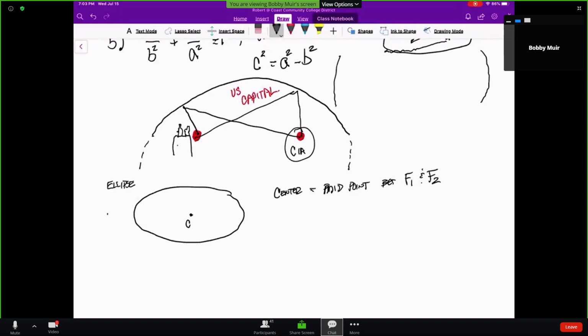All right. So the center is the midpoint between the two focal points. If this is F2 and that's F1, the center is going to be right there.